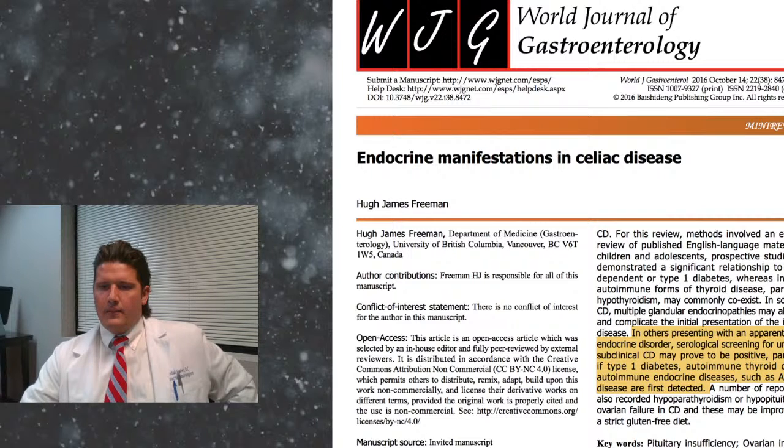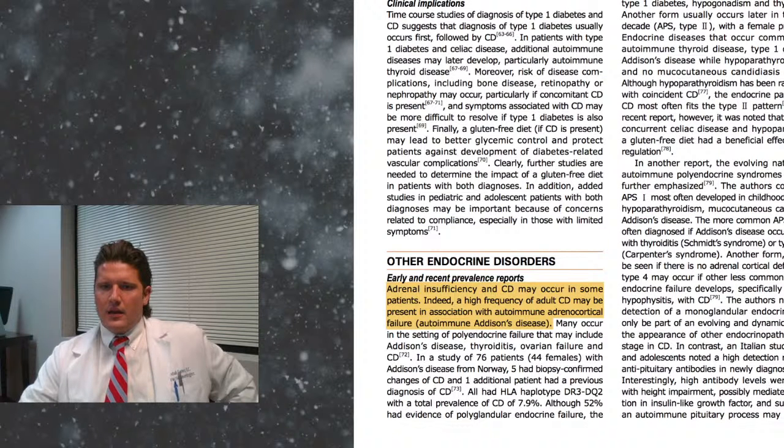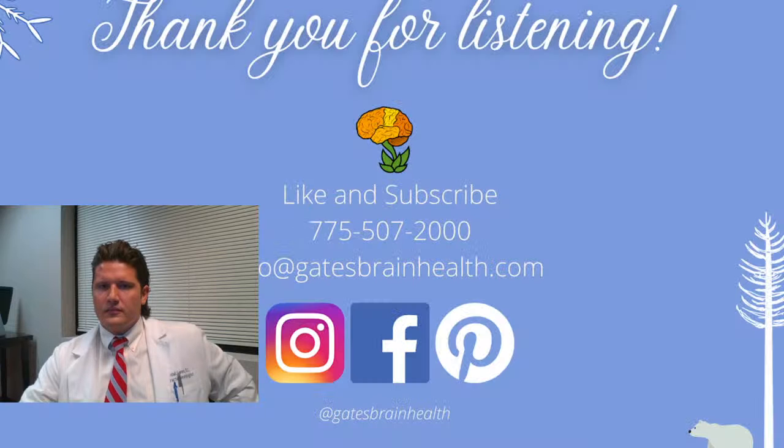So if you take type 1 diabetes patients and autoimmune thyroid patients and Addison's disease patients, if you screen them for celiac disease, they will show up as having celiac. And they go on to say that adrenal insufficiency and celiac disease may occur in some patients. Indeed, a high frequency of adult celiac disease may be present in association with autoimmune adrenal cortical failure, autoimmune Addison's disease. So that's pretty interesting.